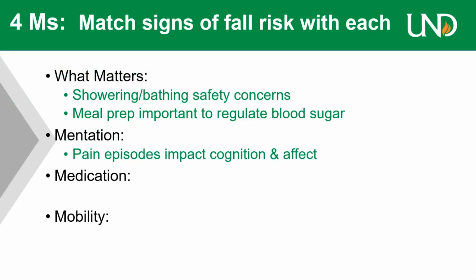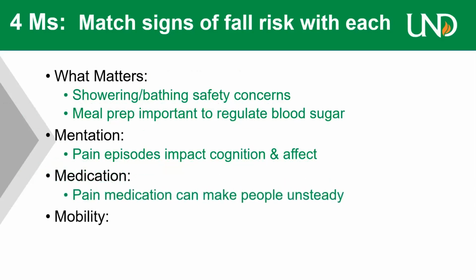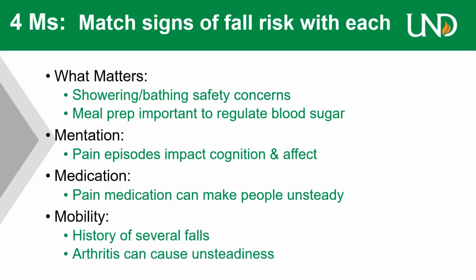And then how about the medication? She's on quite a few medications. Pain medication can make people unsteady. And there's some others. And we also know she might have some cardiac things, so blood pressure might be an issue. And then under the mobility, we know there's a history of several falls. And we know that arthritis can cause unsteadiness.